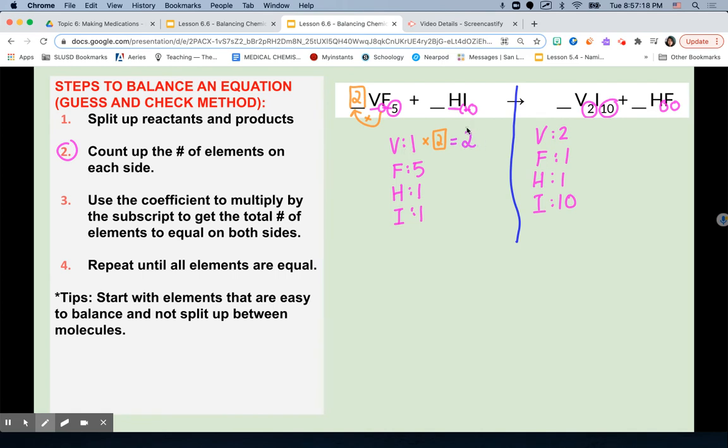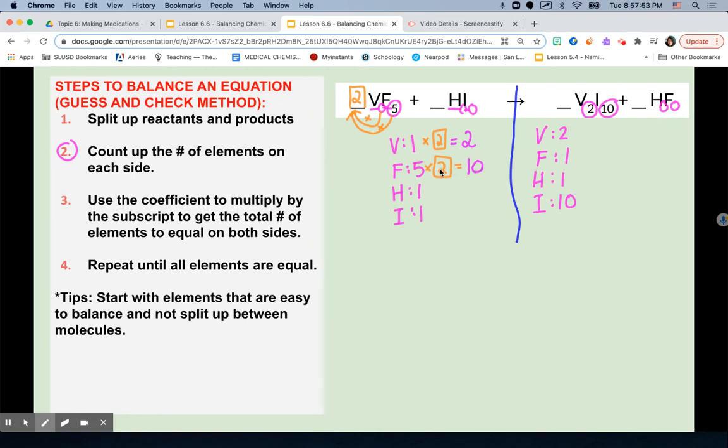So that's how I get a total of 2 on my reactant side. And notice that within this molecule, since there's no spaces, there's also F. So I also needed to fix F. So 5F times the coefficient 2 will give me a total of 10 F's, or fluorines.